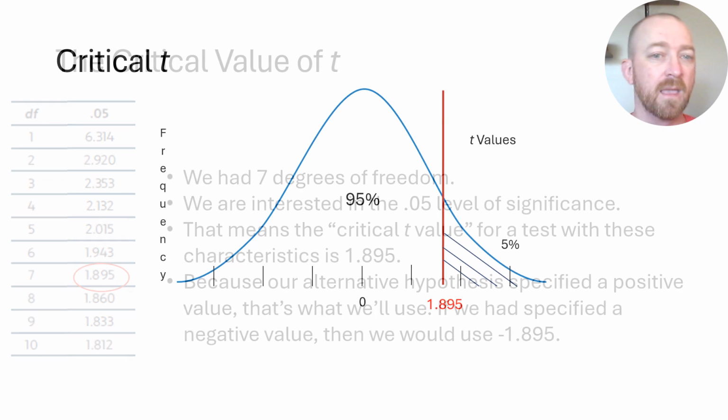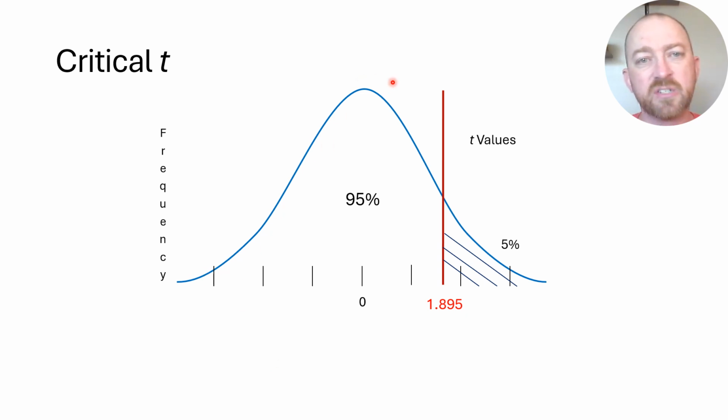Okay, so again, here's a t-distribution, a distribution of t-values of tests with the same test criterion of 7 degrees of freedom, right? If we had done this same test a million times, we probably would have gotten a distribution about like this. This is what we would have expected anyway. And what we're saying is, if the independent variable had no effect on the dependent variable, we would expect to get a t-value of 1.895 or larger no more than 5% of the time, okay?